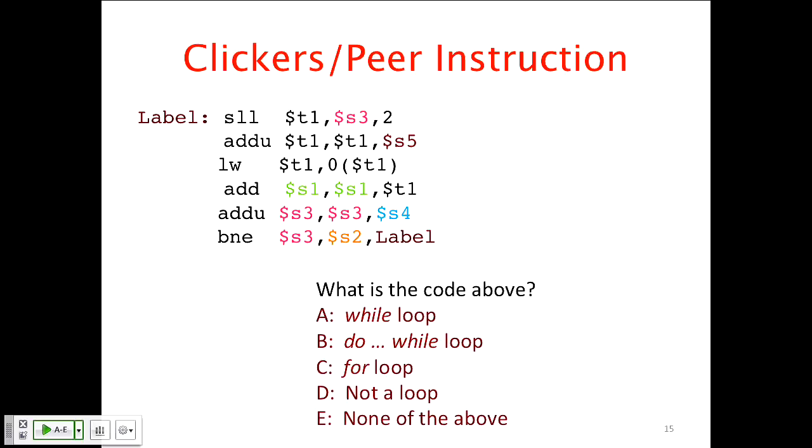So this is a piece of assembly code that implements some kind of C loop. And so your assignment, first try and do this by yourself, is figure out which kind of loop this is amongst those choices. So while, do while, for, it's not a loop, or none of the above. Then we'll give you a few minutes to think about it, vote on it, then I'll give you another chance with peer instruction.